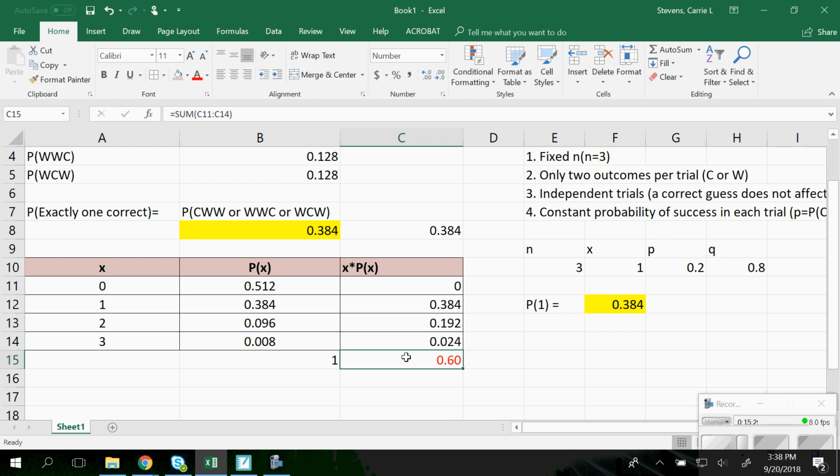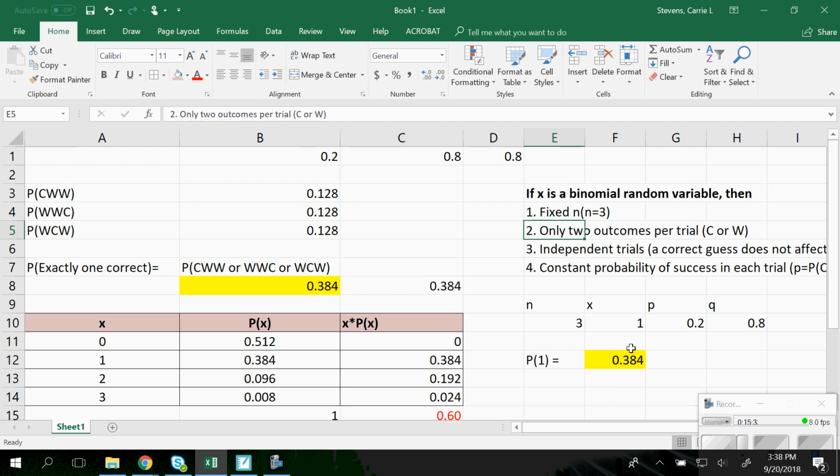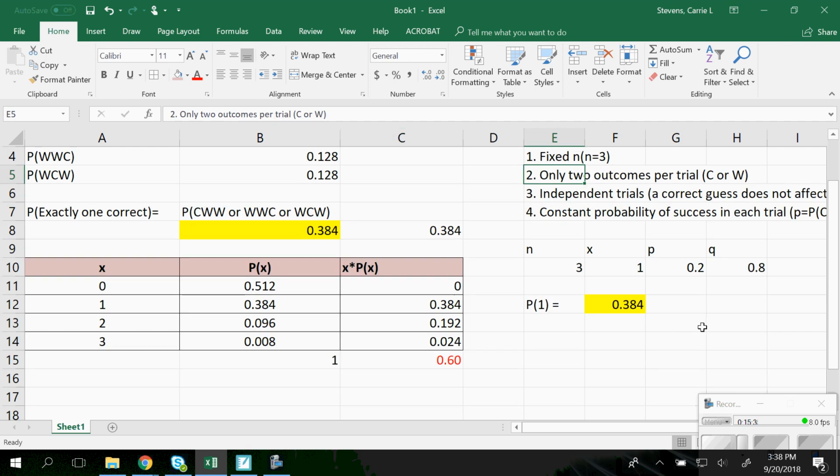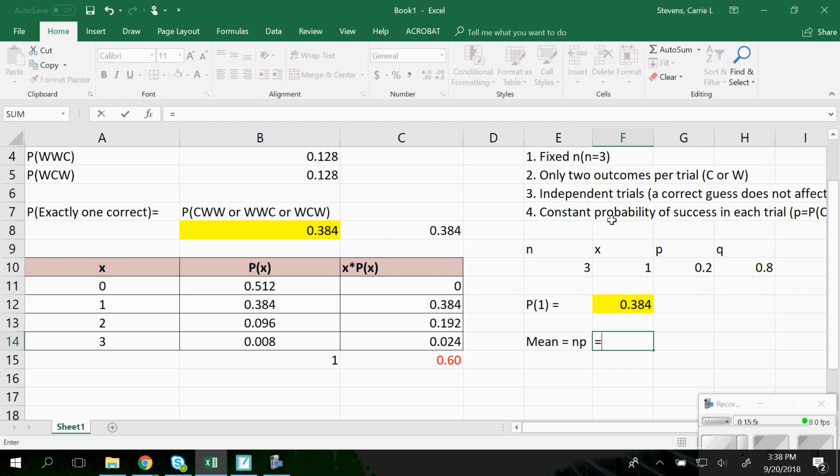Now, if it is binomial, which in this case we do have a binomial random variable, there is a shortcut that is very useful to know about, and that is n times p. So now let's see if we get the same answer by simply doing n, which is 3, times p.